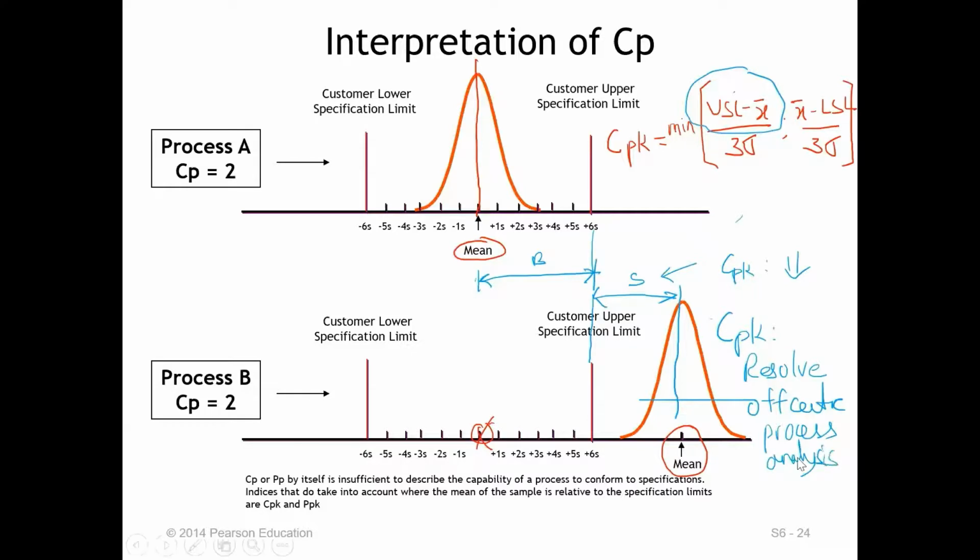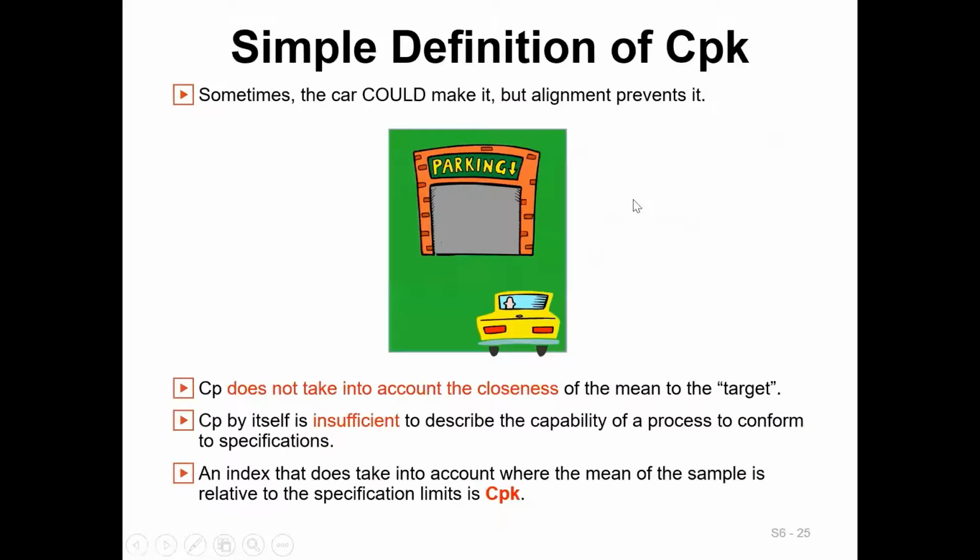CP does not take into consideration the center of the data, but CPK does. Okay, and that's the explanation of CPK. CP does not take into account the closeness of the mean to the target. Therefore CP is insufficient. We need another one called CPK.